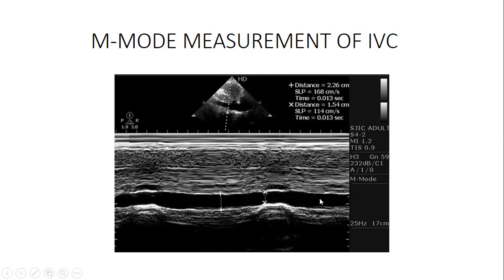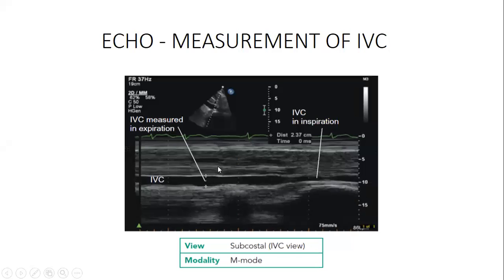So you consider those, and you can see the technique: approximately 1 to 2 centimeters away from the right atrium. The beauty of the M mode is that it gives you the diameter of the IVC during sniffing, inspiration and expiration. So you can see that it's collapsing.